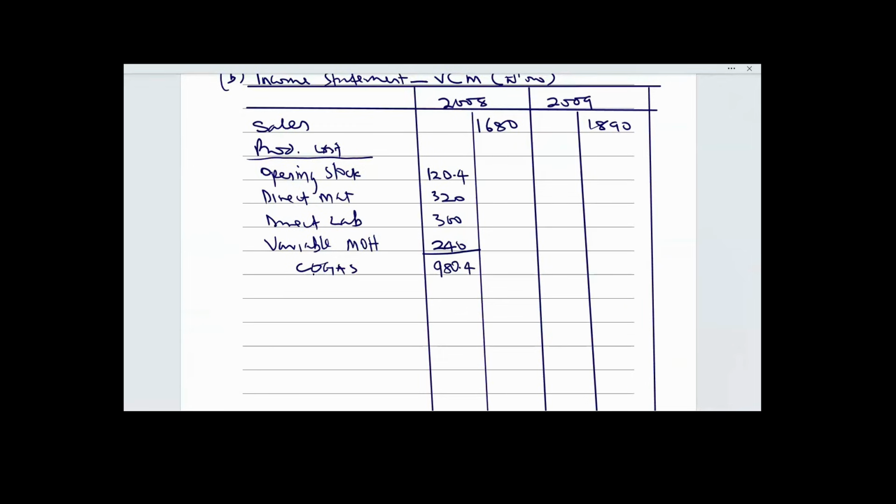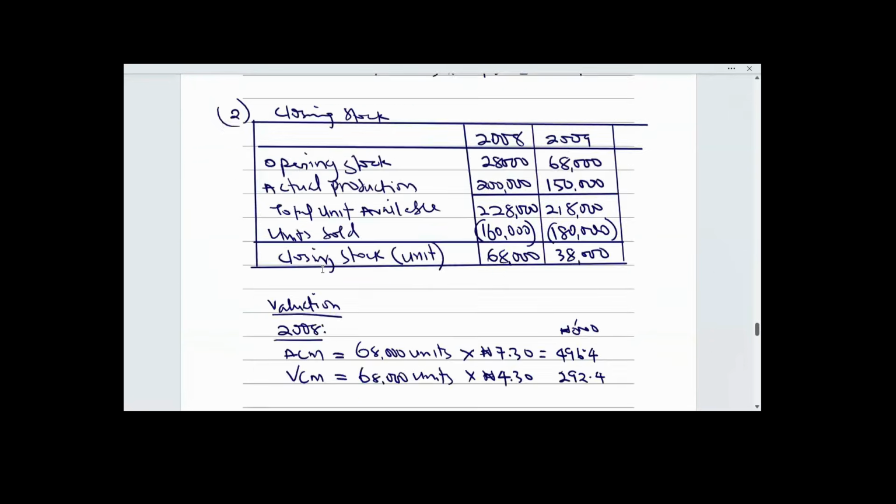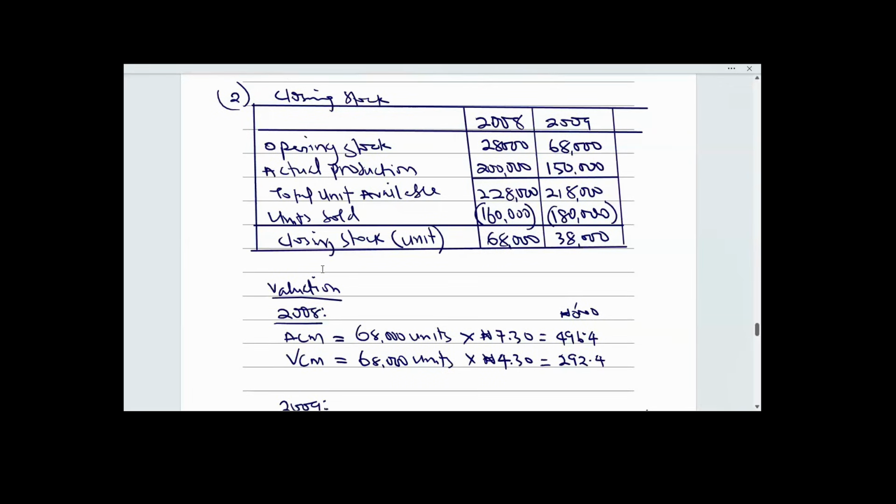Then you less closing stock. Working number 2. We have done workings for closing stock, and we got 292.4.